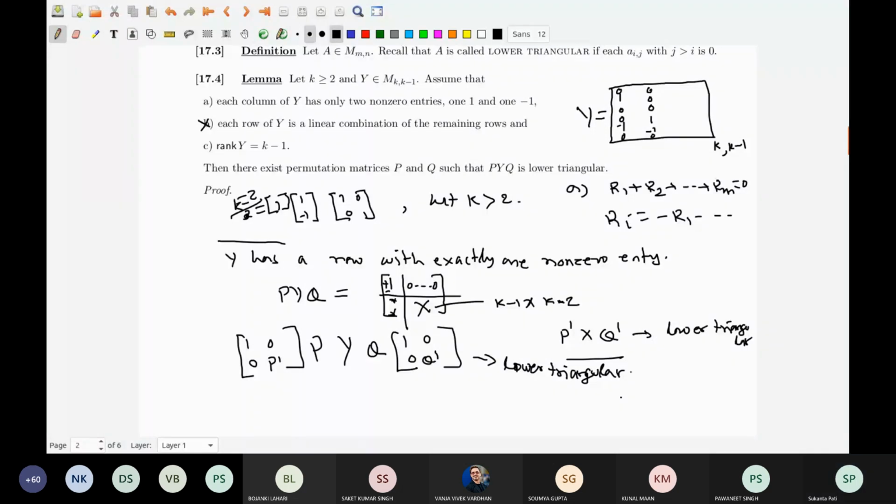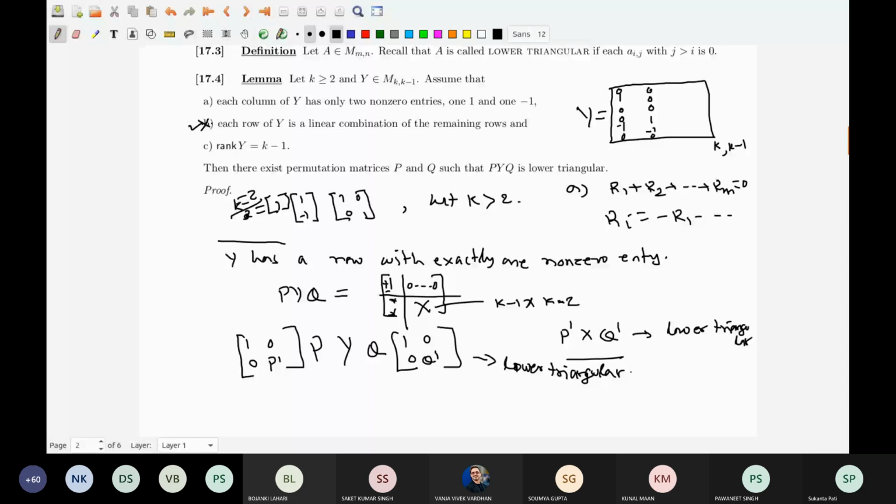Anyway, maybe that is why I highlighted B. I kept it, though it follows from A. So notice that each row of Y is a linear combination of the remaining rows. How many rows are there in Y? There are K rows, and each row is a linear combination of the remaining.